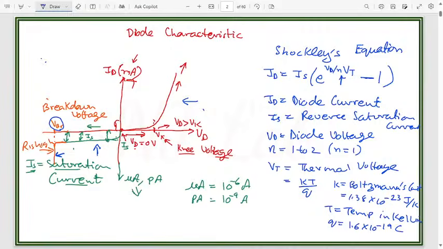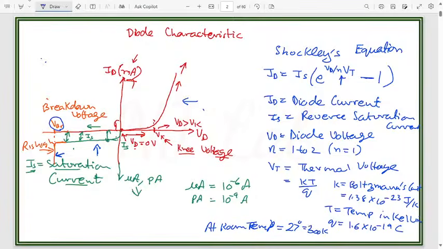Right? Now over here, if you substitute all these values of k and q, and consider room temperature, which is 27 degrees (sometimes we take it as 25 degrees, sometimes 27), so if it is 27 degrees, it means it is 300 Kelvin.